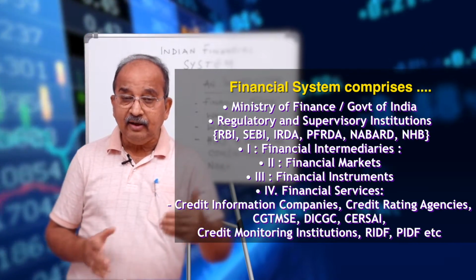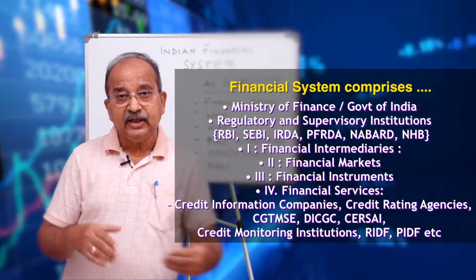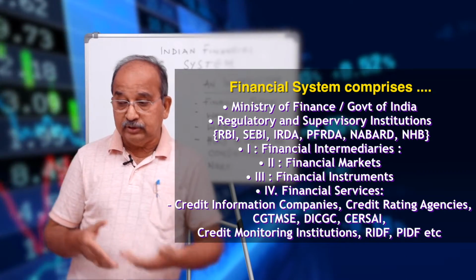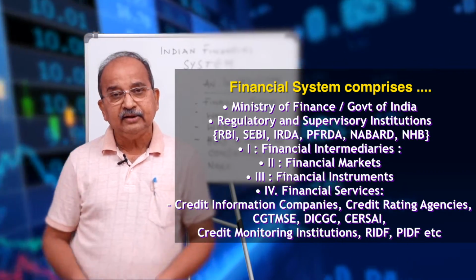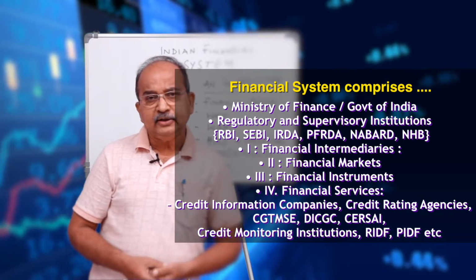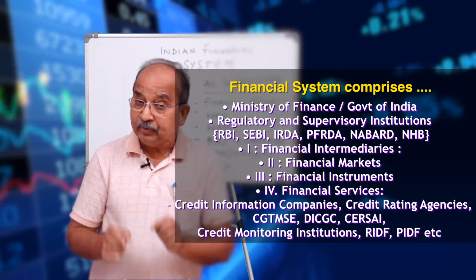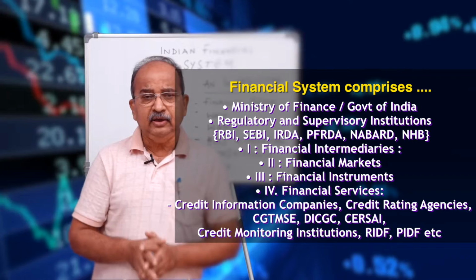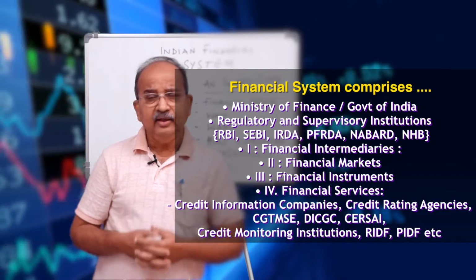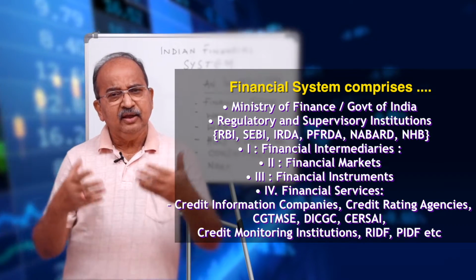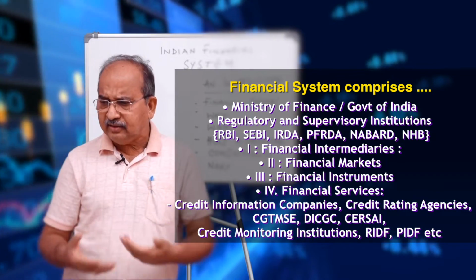When rules are there, someone needs to check whether they are being followed, and therefore there are regulators. We'll come back to the regulators in detail in the next video, but let's understand that there is the Reserve Bank of India, SEBI, IRDA, PFRDA, NABARD, NHB. Like that, different regulators are there.